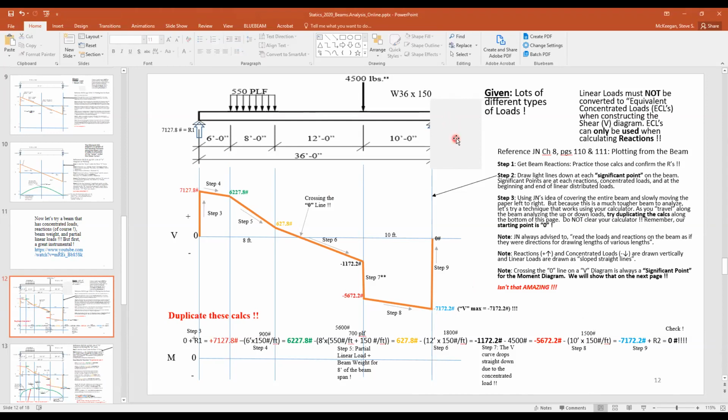That's our reaction. So step 9 brings us up to 0 pounds. That's our check. So try to run these calcs in your calculator step by step. That help?